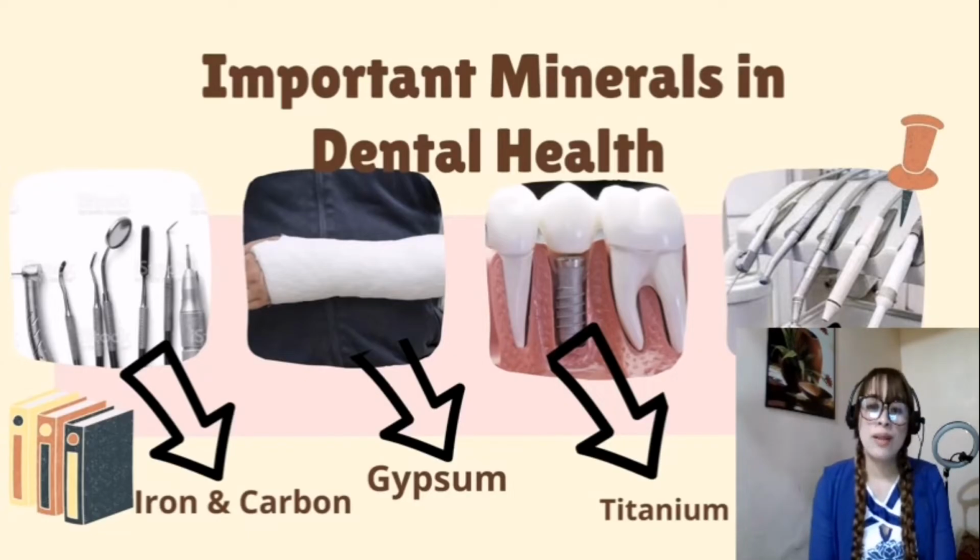The cast that they use also comprises gypsum, and then titanium is used in making transplants with the teeth. And the third one is made up of iron also and carbon for some of the materials that we use in dentistry.